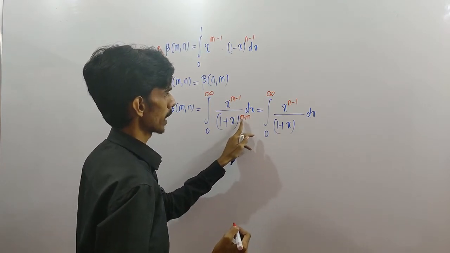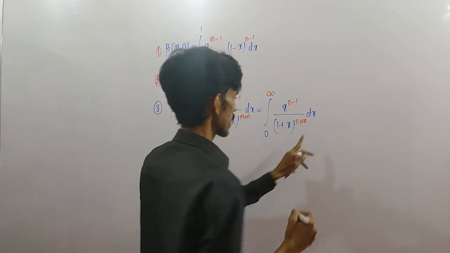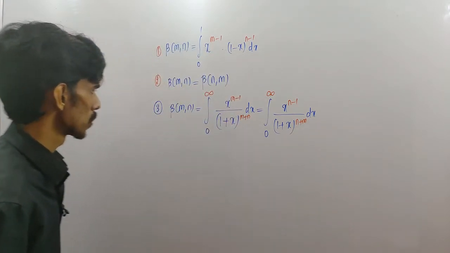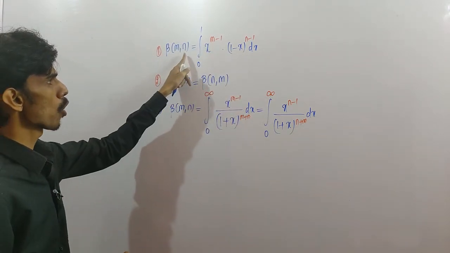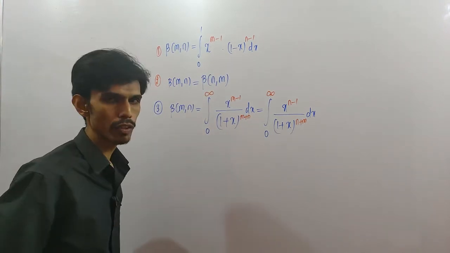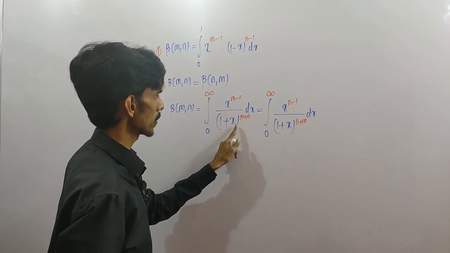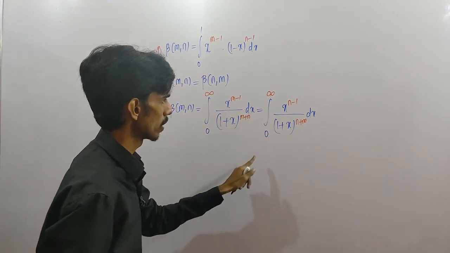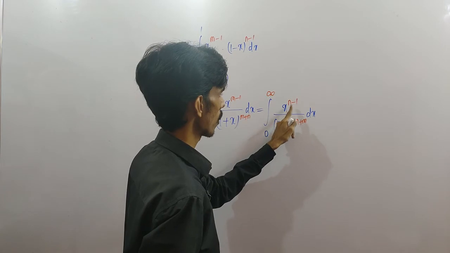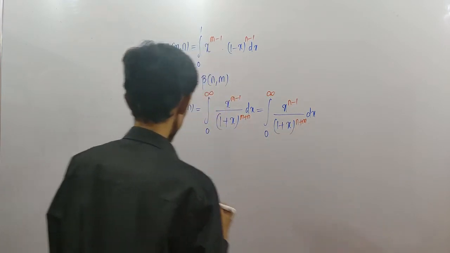In place of m, write down n plus m, that is m plus n only. So we have beta m comma n, this relation. Next we will prove this in the next video. 0 to infinite x power of m minus 1 divided by (1 plus x) whole power of m plus n dx, and 0 to infinite x power of n minus 1 divided by (1 plus x) power of m plus n dx.